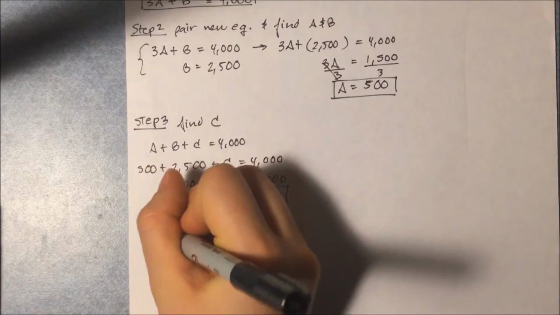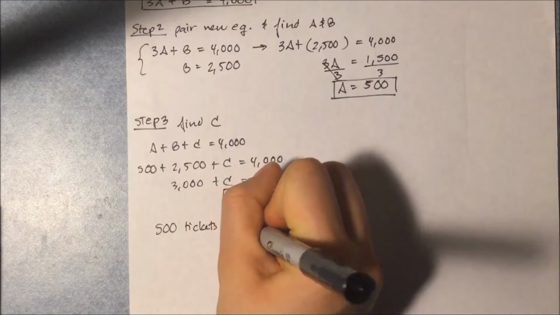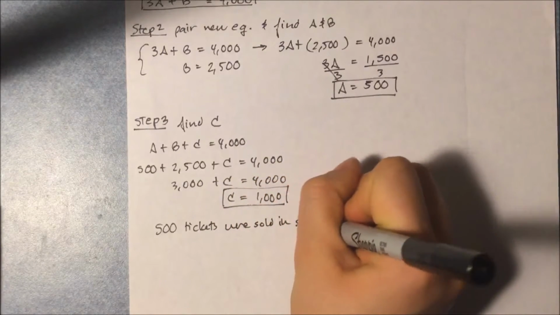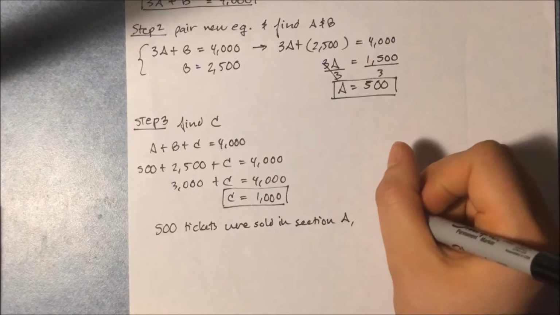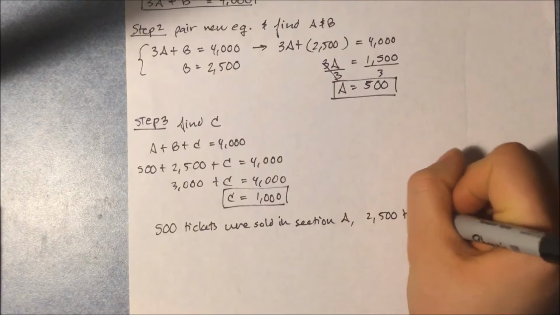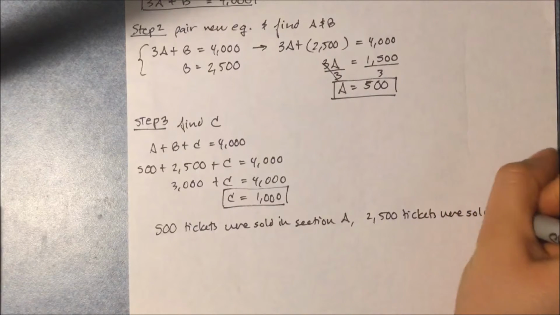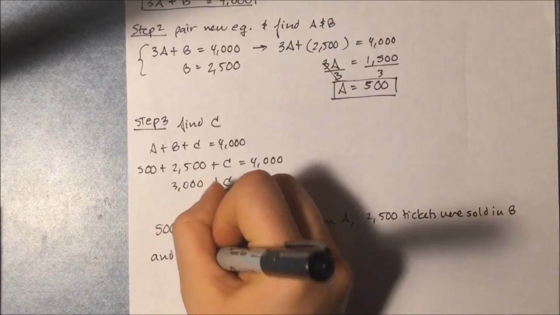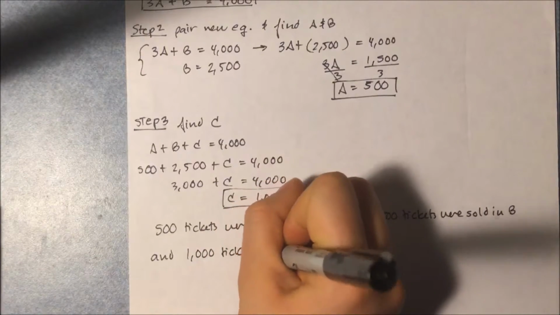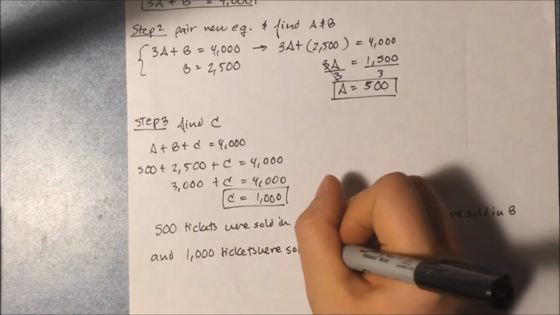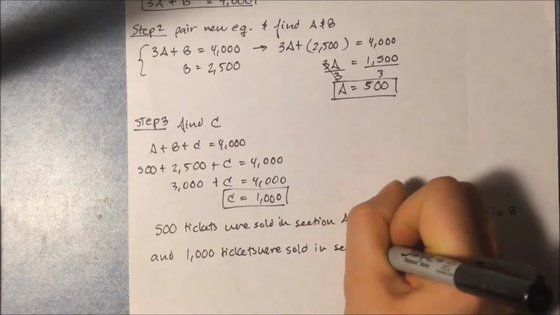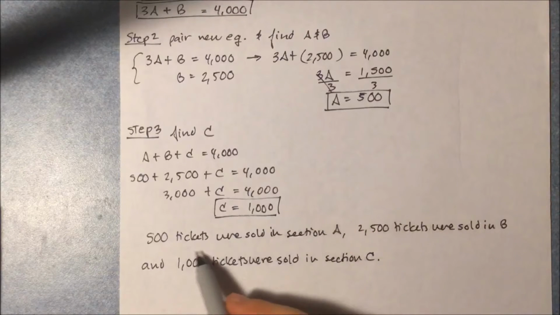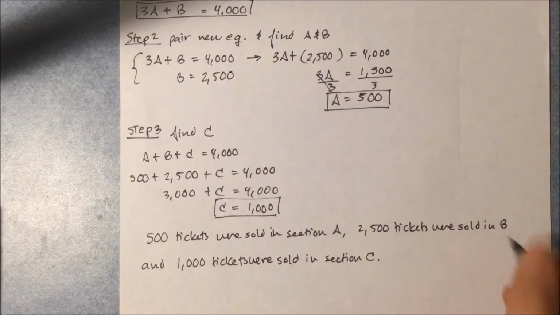So 500 tickets were sold in section A, 2,500 tickets were sold in, what was that from, B, and 1,000 tickets were sold in section C. Okay, so 500 tickets were sold in section A, 2,500 tickets were sold in section B, and 1,000 tickets were sold in section C.